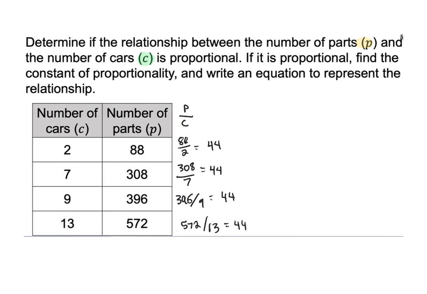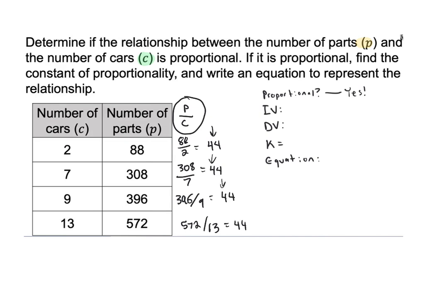So the answer is yes, it is proportional. And because it's proportional, that means I already know my K. I found this ratio, and therefore since my ratio is constantly 44, that means our constant of proportionality K is 44.